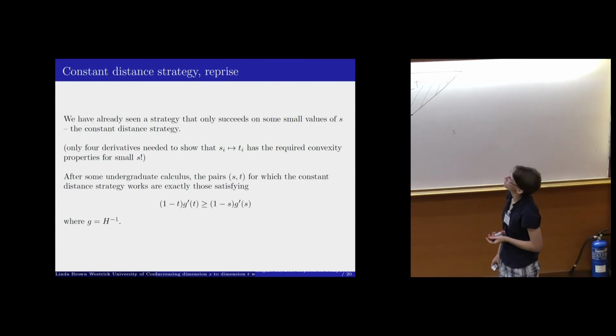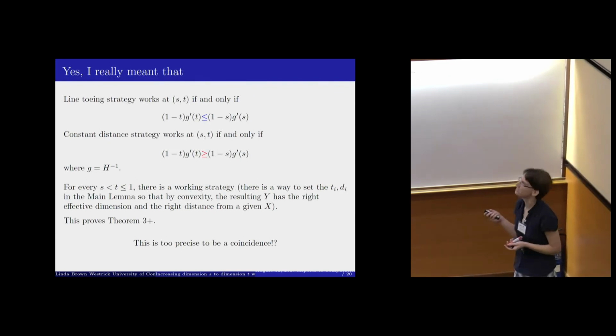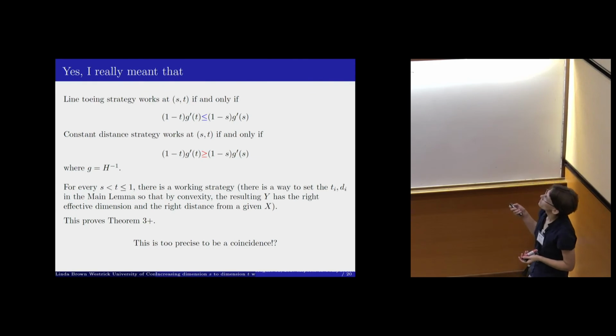The pairs S and T for which the constant distance strategy works are exactly the ones satisfying this equation. So that's not a copy error in the slides, okay? The line towing strategy works at S, T if and only if this weird inequality is satisfied with the less than sign going in this direction.